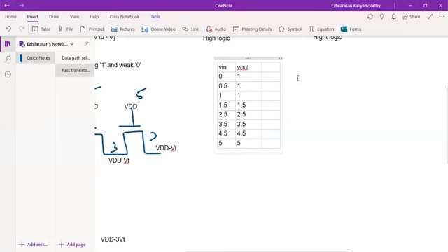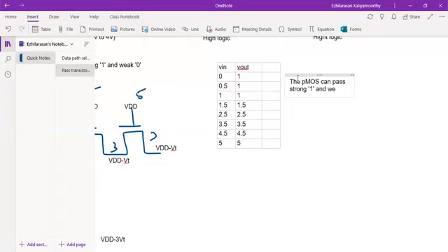So from this, we can summarize the PMOS transistor. First, the PMOS can pass strong 1 and weak 0.